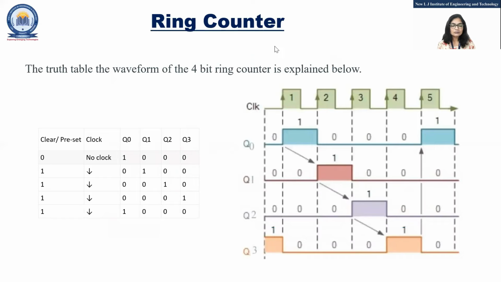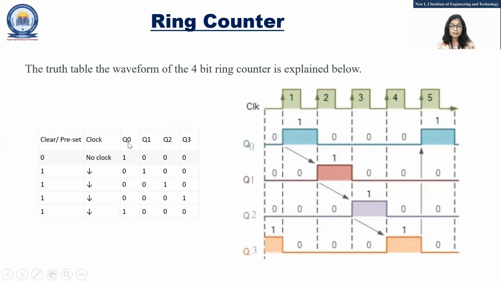So this is the timing diagram of the ring counter, and this is the truth table of the ring counter. At the first time, we are applying this signal to all the flip-flops, right? Whenever no clock is there, and if we give this signal 0, then internally it becomes 1.